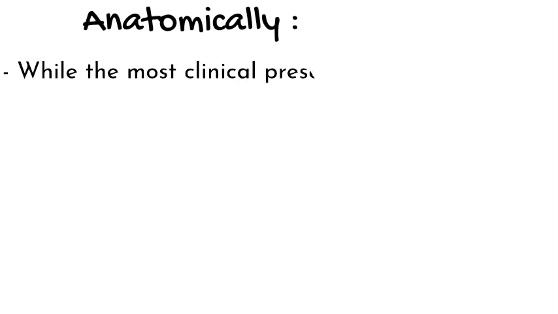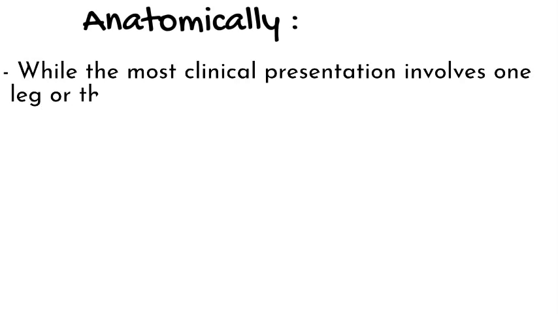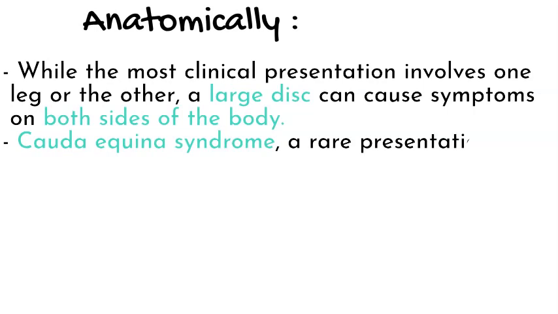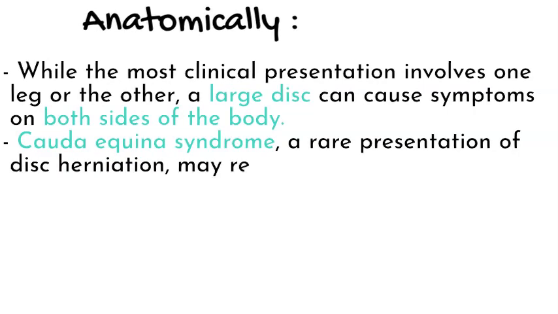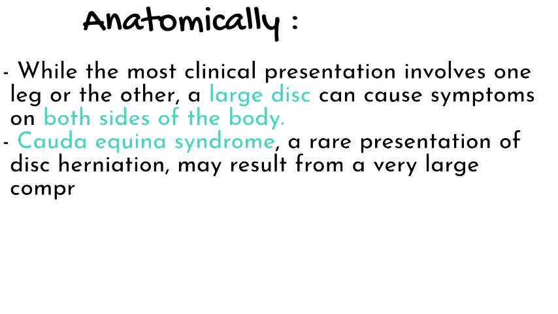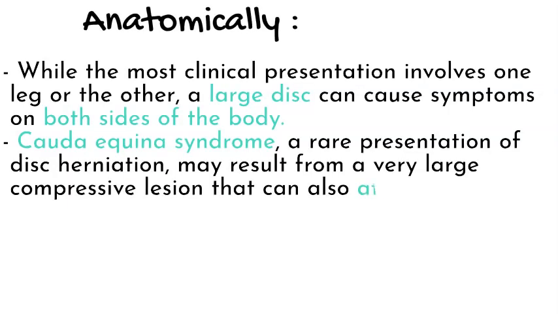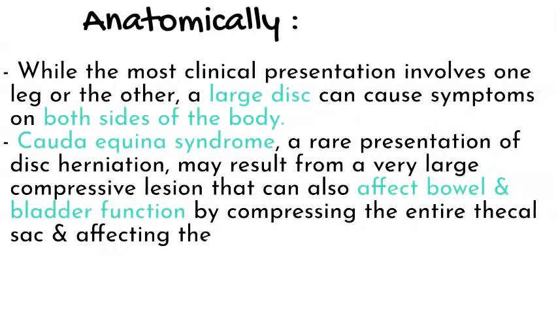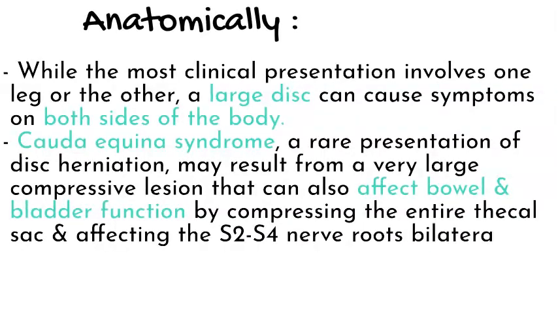While the most common clinical presentation involves one leg or the other, a large disc can cause symptoms on both sides of the body. Cauda equina syndrome, a rare presentation of this herniation, may result from a very large compressive lesion that can also affect the bowel and bladder function by compressing the entire thecal sac and affecting the S2 to S4 nerve roots bilaterally.